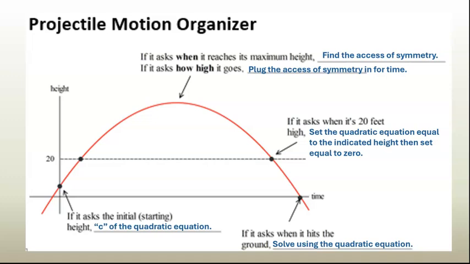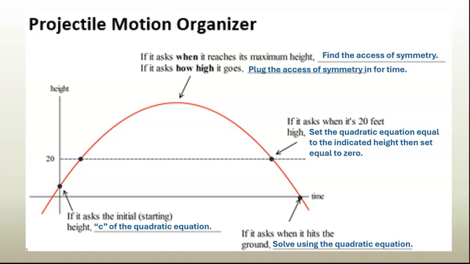I created this graphic organizer a little while back, and it maps out what you want to do for what you're looking for. For example, if you want the initial height, you can just look for C of the quadratic equation that was provided. If you want to know how long it took the object to land, you can solve using the quadratic equation.